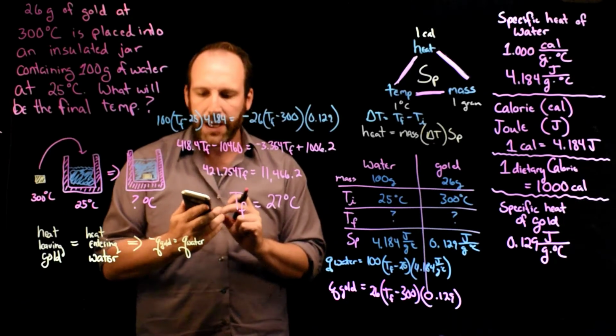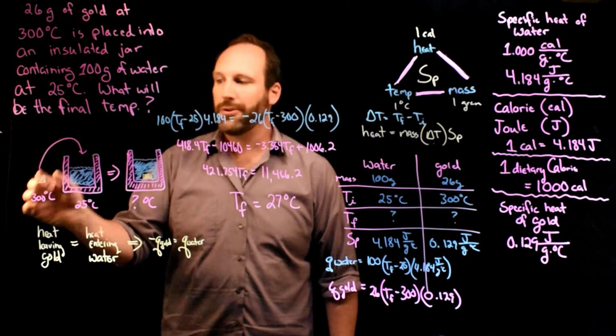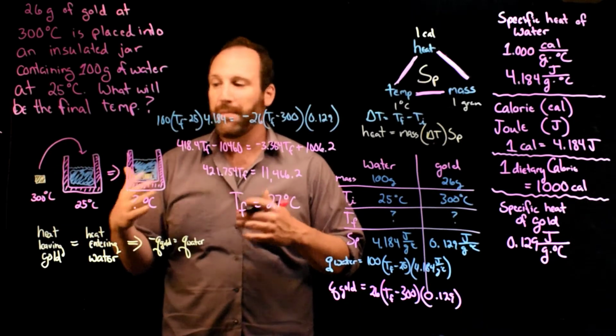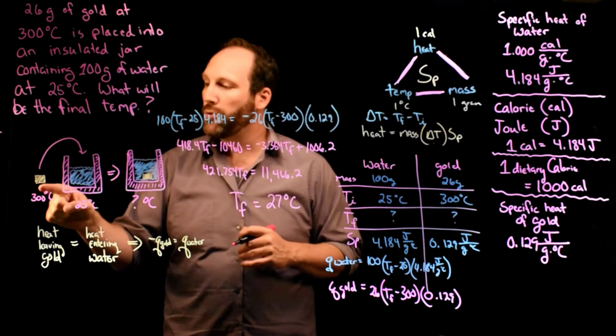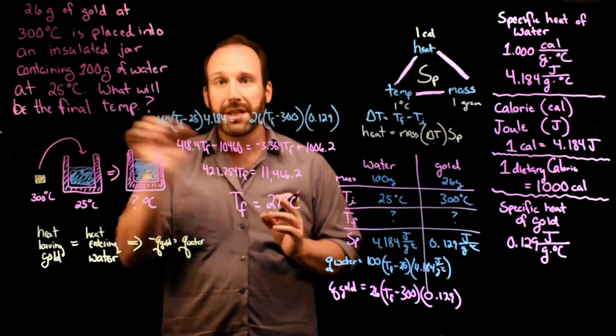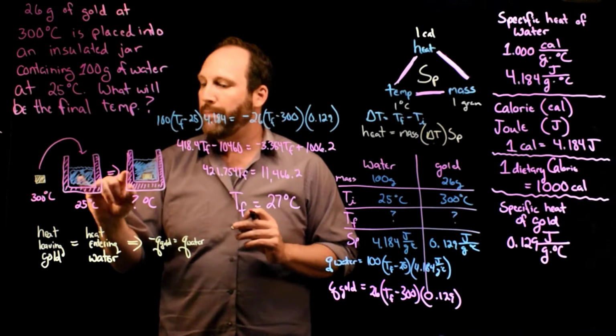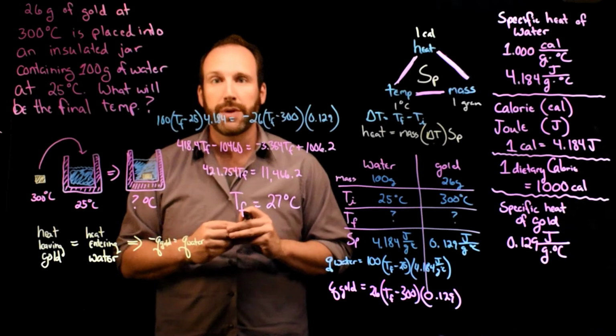So see what happened here. I took a really hot piece of metal and put it into kind of lukewarm water. And so what happens? That gold cools off a whole bunch and the water goes up just a tiny bit. They both end up being 27 degrees Celsius.